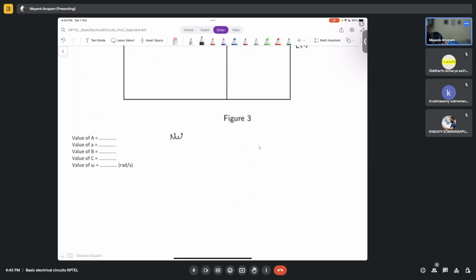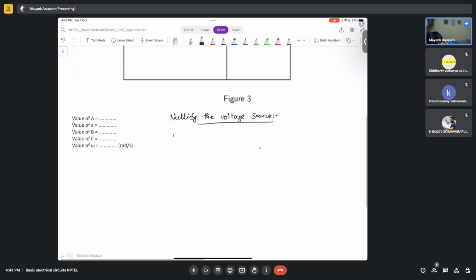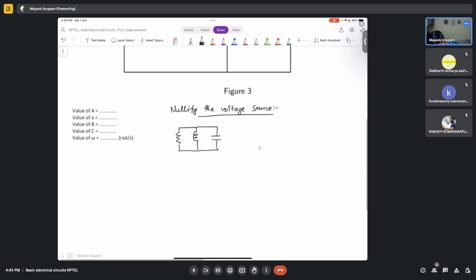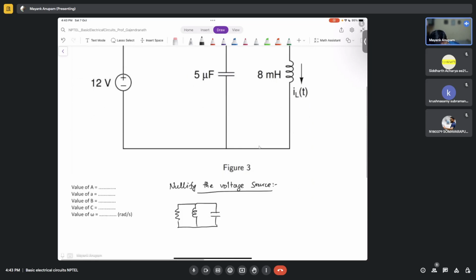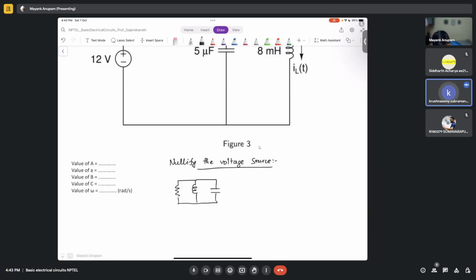So basically we'll simply short it, and then we'll have a resistor like this, an inductor like this, and a capacitor like this. This is the same parallel circuit of the previous problem.